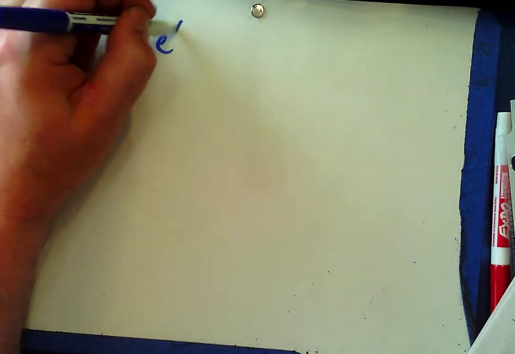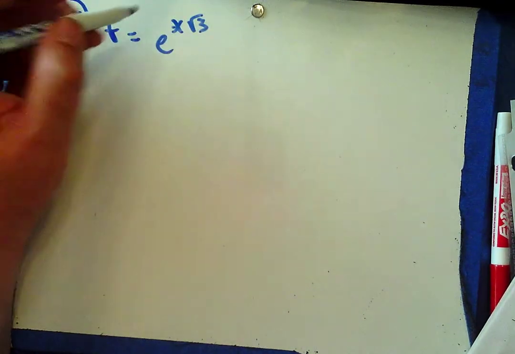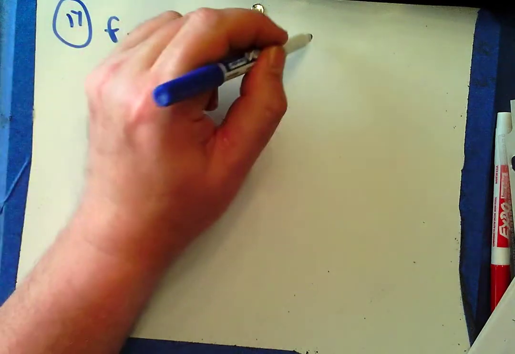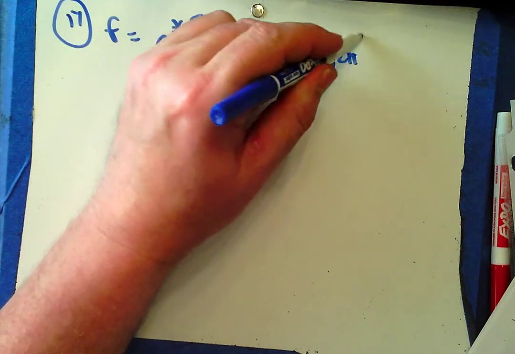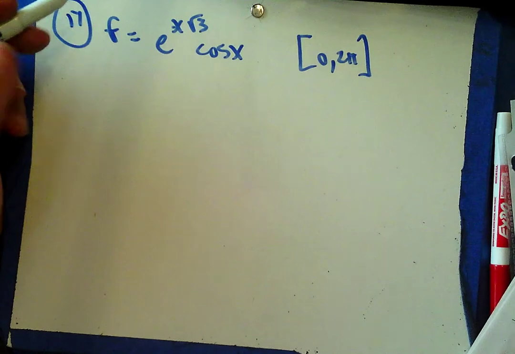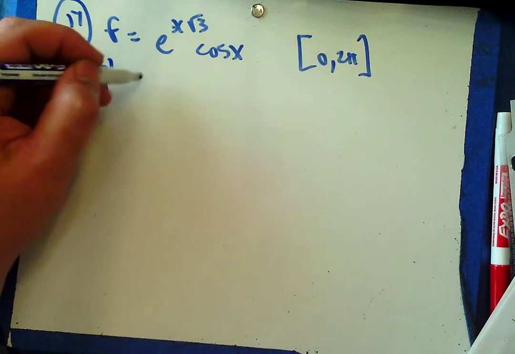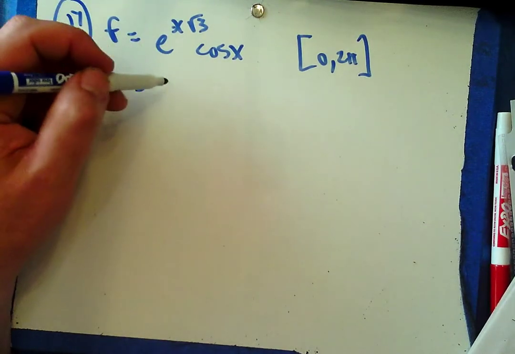17 says f equals e to the x root 3 cosine x on 0 to 2 pi. On what intervals is f decreasing? So I want f prime which means I have to use the product rule.